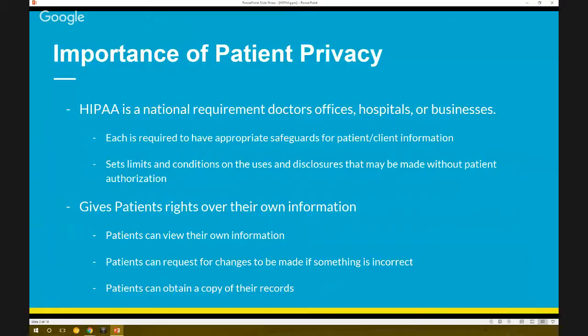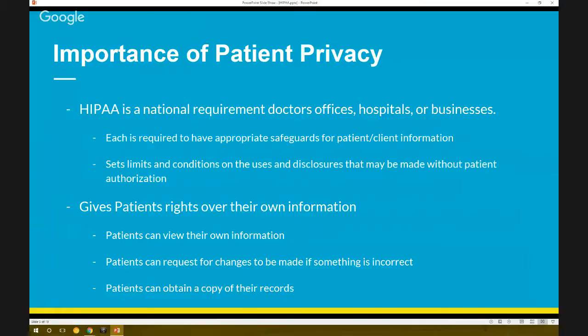Okay, so the importance of patient privacy. This is a national requirement in doctors' offices, hospitals, or individual businesses. Each doctor's office, hospital, or business is required to have the appropriate safeguards for patient and client information.